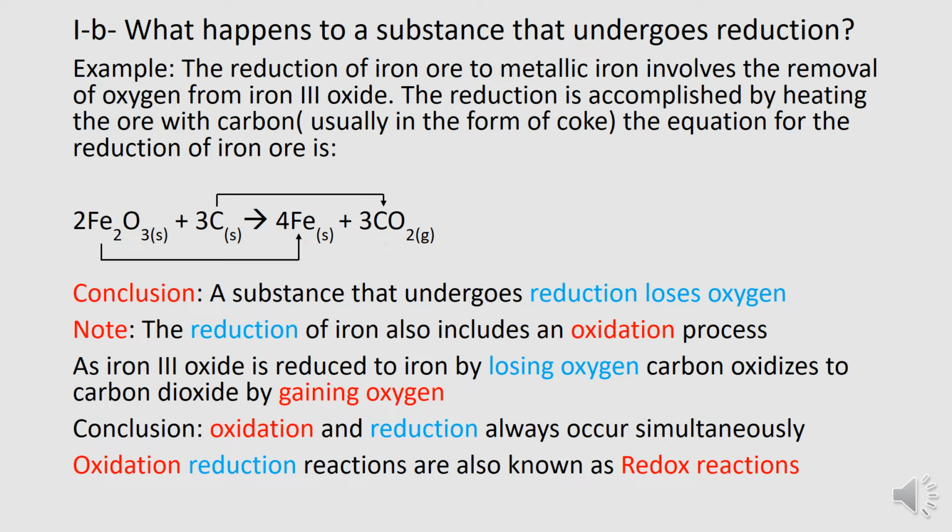So what is the conclusion here? Oxidation and reduction always occur simultaneously. What do you mean by simultaneously? It means at the same time. So oxidation reduction reactions are also known as redox reactions.